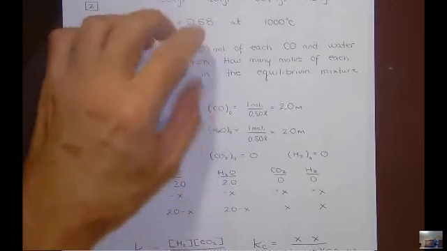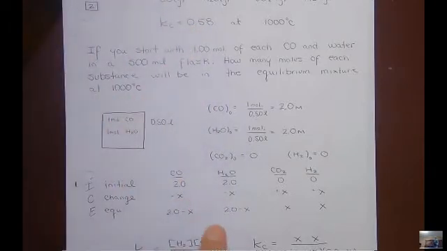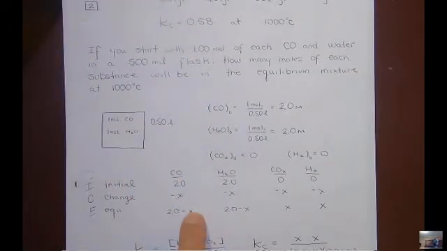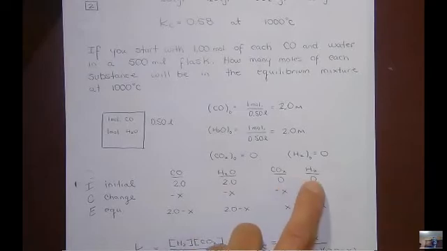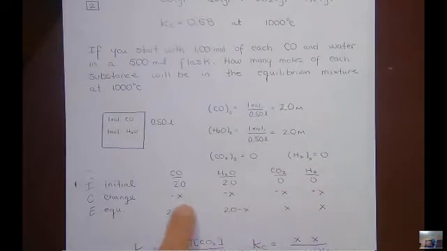I had 2 to start with. We know it has to go down. We don't know how much yet, but it's definitely got to go down. That's what we're going to figure out. So our placeholder is x, how much it's going to go down. How about the water? Well, the water starts out at 2. It also goes down by x. I didn't have any carbon dioxide or hydrogen. So what's 0 plus x? 0 plus x is x, and 0 plus x is x. So here's my 4 equilibrium values.